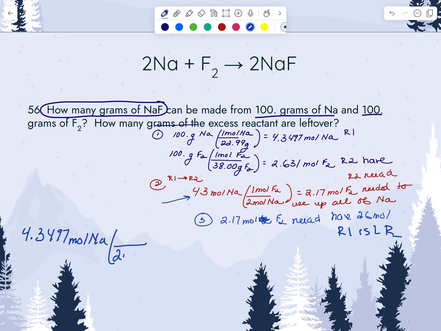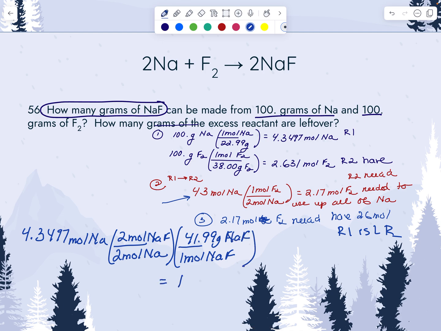The balanced chemical equation tells me that 2 moles of sodium will be used to make 2 moles of NaF, and 1 mole of NaF, sodium fluoride, has a mass of 41.99 grams.